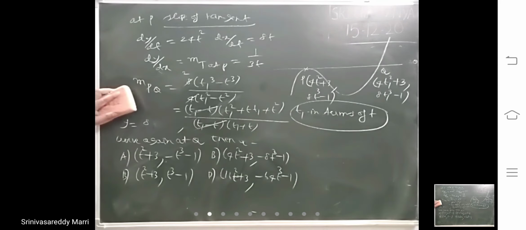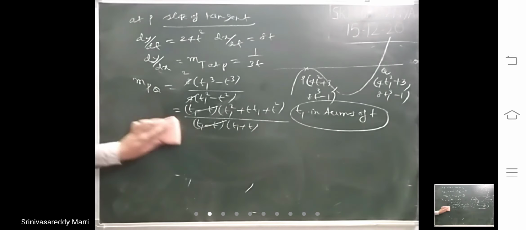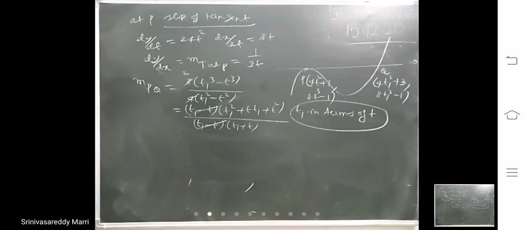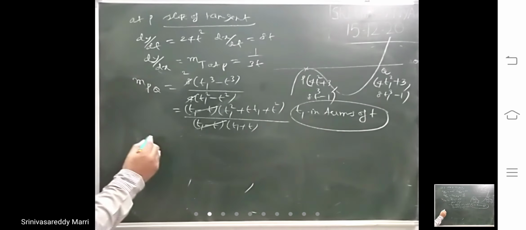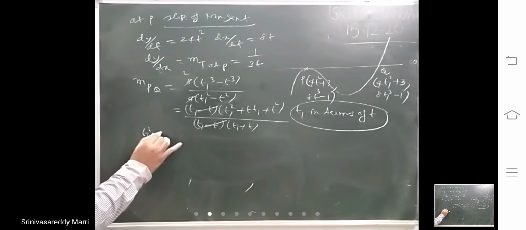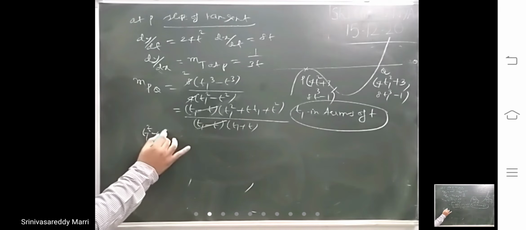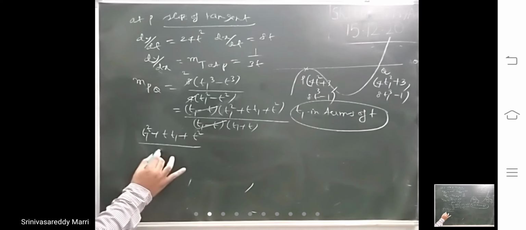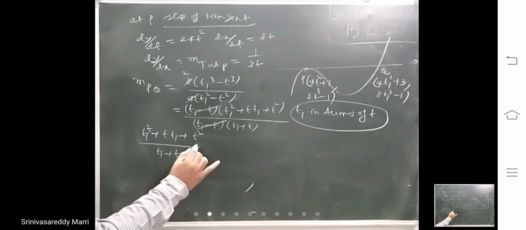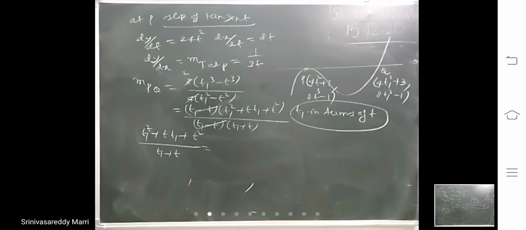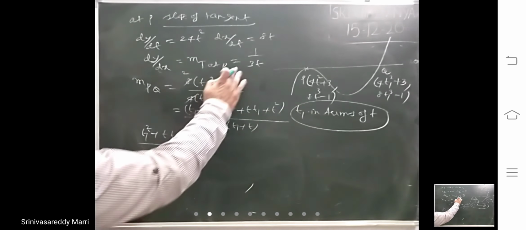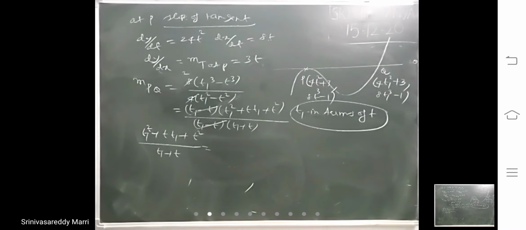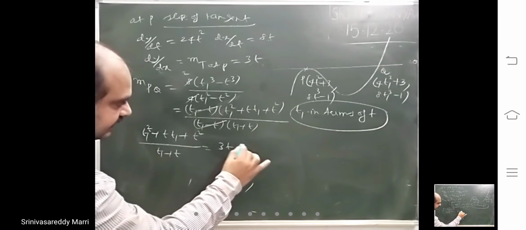So now PQ slope is nothing but slope of tangent. This slope and this slope, both are same line. These both are equal, that means equate that. t1 square plus t1 t plus t square divided by t1 plus t equals to 1 by 3t, that means 3t.